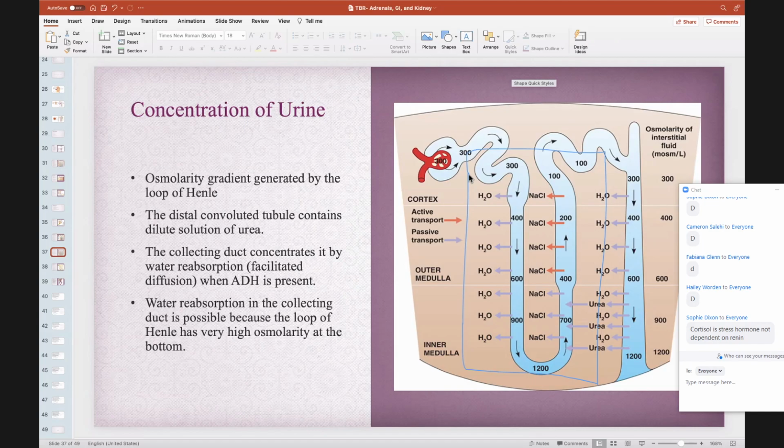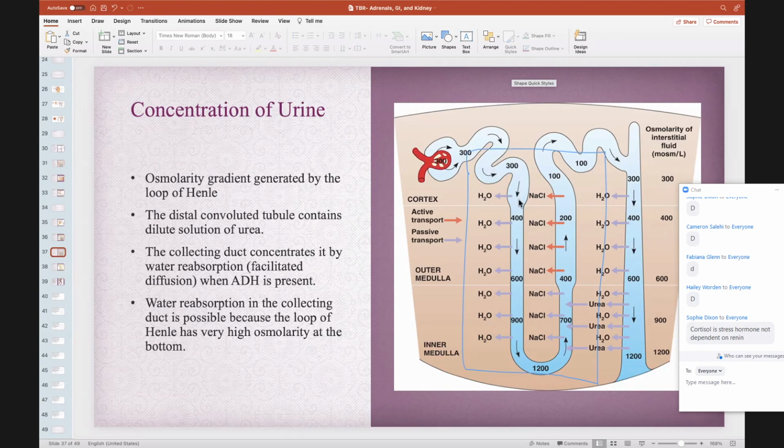So as I said, let's pretend this is a brand new kidney, brand new nephron. None of these other nephrons have generated any osmolarity gradient. Everything is dilute and uniform. As the glomerulus is filtering out that filtrate, the filtrate travels through.